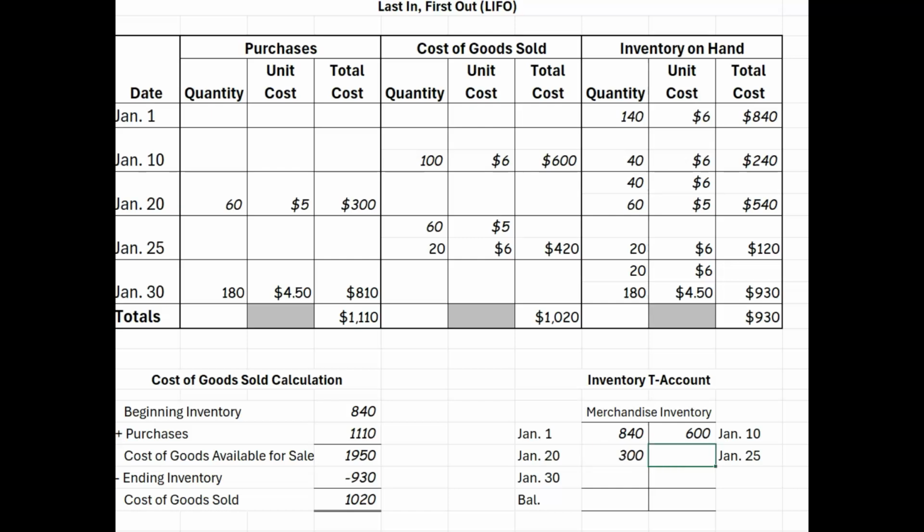On January 25th, a sale of $420. On January 30th, a purchase of $810. Our debits minus our credits equals $930, which matches ending inventory from our chart.